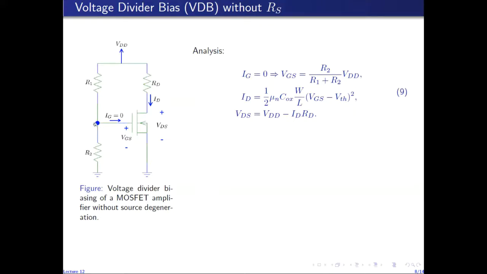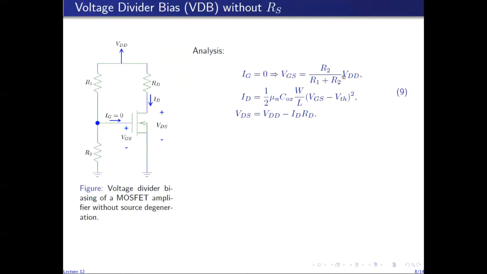So again, the gate current is 0, which means that VGS is given by the voltage division of VDD across R1 and R2. So that divided voltage is R2 over R1 plus R2 into VDD. So that is the voltage at the gate terminal. And since the source is grounded, the voltage at the gate is equal to VGS.